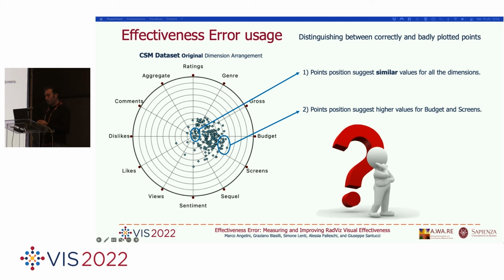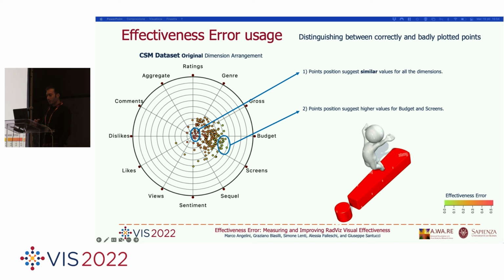These assumptions make sense, but without knowing the effectiveness error of the points, we cannot confirm their correctness, so they could be false. If we plot the effectiveness error of the points, we can understand that the first assumption is false. Points are red, meaning that the error is quite high. The second assumption is true. Points are green, meaning that the error is close to 0, and that their position is correct.